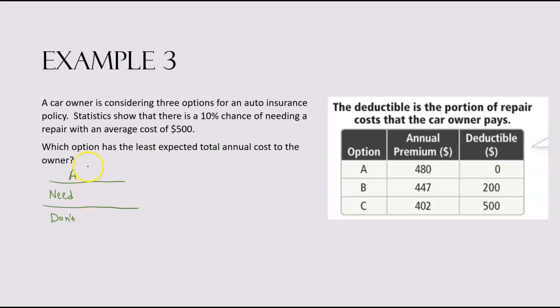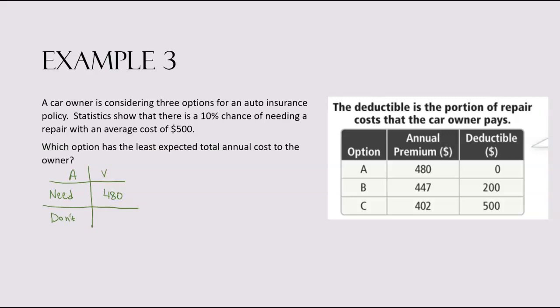If we use option A, we have a $0 deductible, which means that if we get in an accident, the insurance company is going to pay for all of it, but we're going to have to pay $480 if we need a repair.